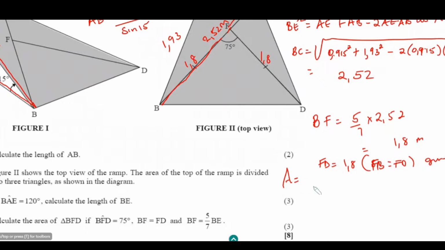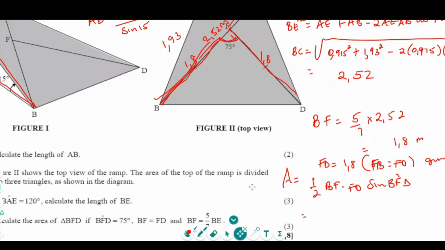Since this is not a right angle triangle, I will use my area rule. It will be a half times BF times FD times the sine of BFD, because we have the two adjacent sides, and then the angle that is formed by those sides. That will be the area rule.